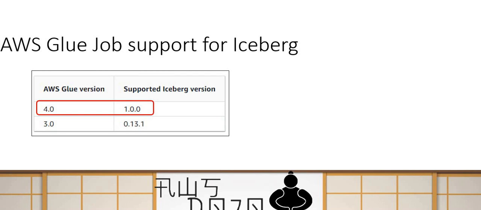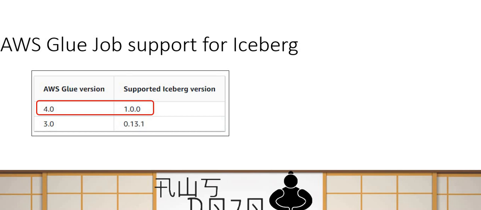But in case of Glue 3.0, you have to use a DynamoDB table for that purpose. So it needs some additional configuration. Glue 3.0 needs additional configuration with a DynamoDB table to support concurrent write scenarios. But in Glue 4.0, you don't need to do such things. It supports its own optimistic locking mechanism.